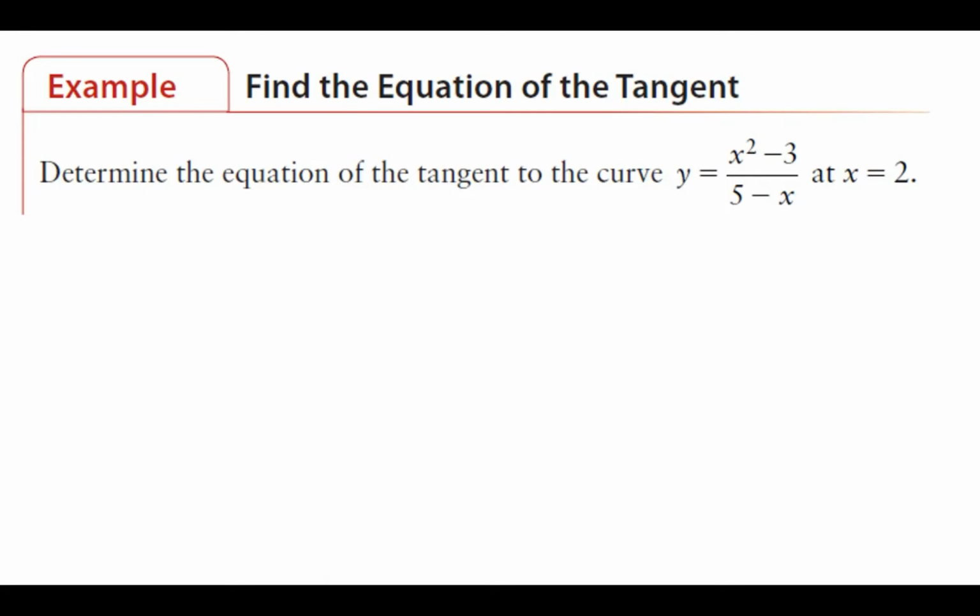Okay, I'll give you a hint. If you want to find the equation of a line, you need a point and the slope, or you need the slope and intercept, or you need two intercepts, right? Or you need at least 2 points on the line.